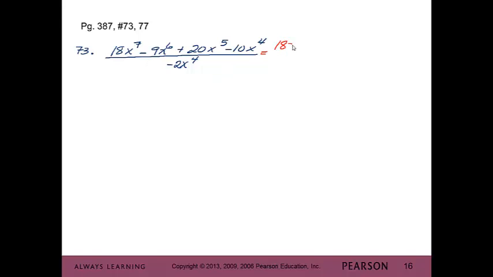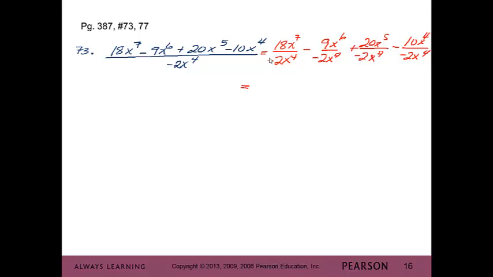So that means we have 18x to the 7th divided by negative 2x to the 4th minus 9x to the 6th divided by negative 2x to the 4th plus 20x to the 5th divided by negative 2x to the 4th and then minus 10x to the 4th divided by negative 2x to the 4th.